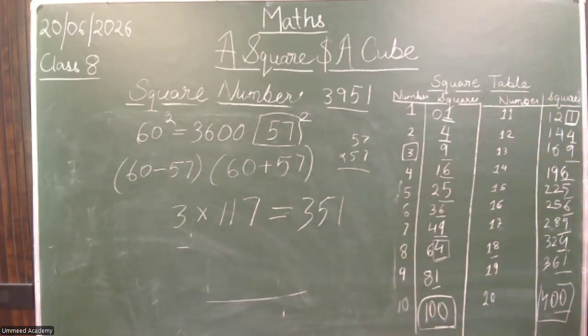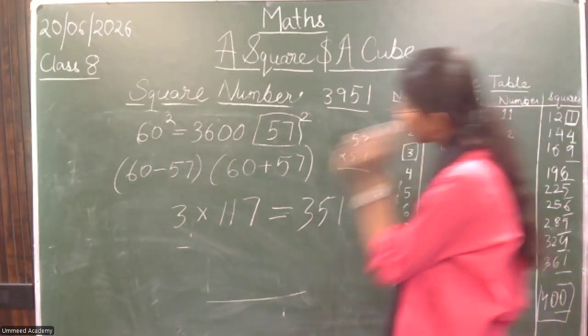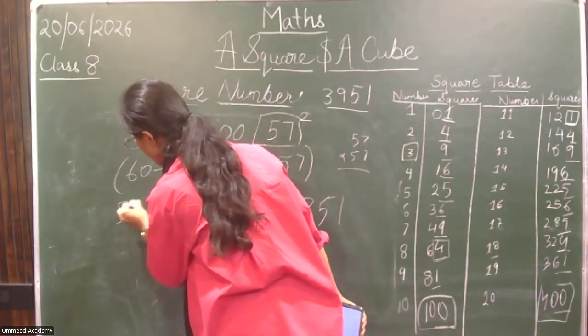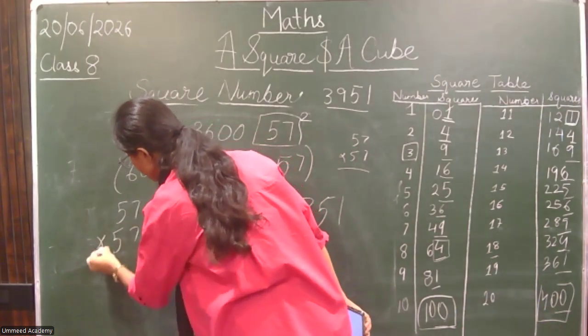No, ma'am. Then what are you getting as the answer? Check your answer. Miss, 3149. Beta, cross check. You must have done something wrong. 57 into 57.